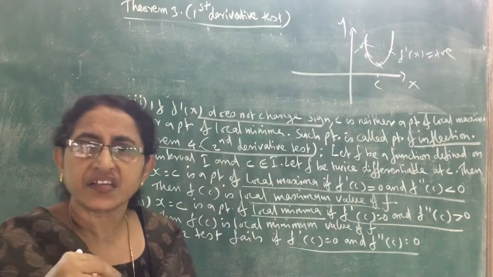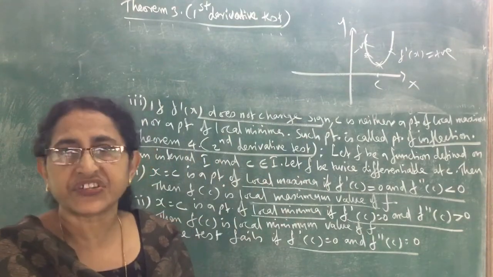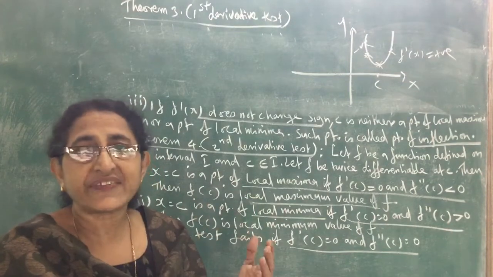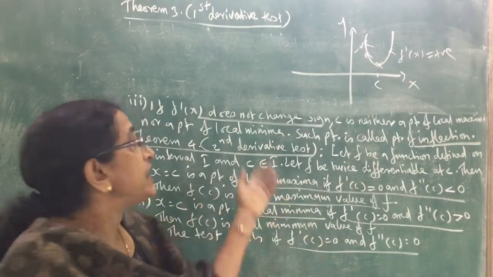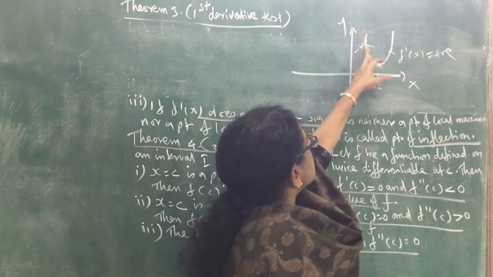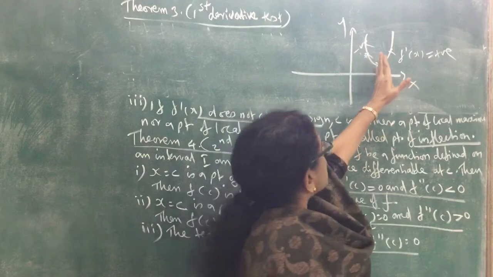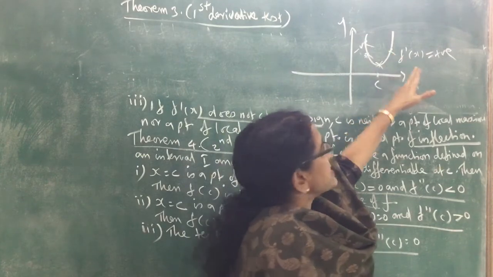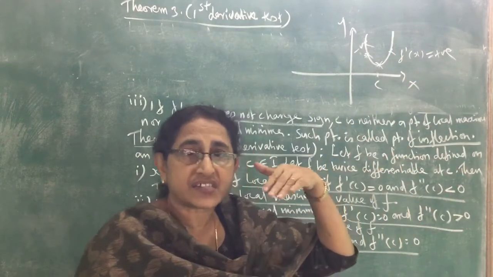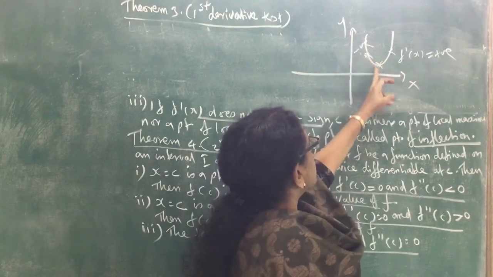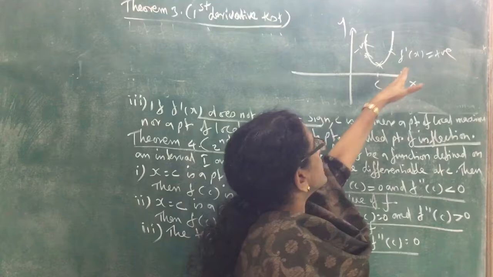When the function is increasing, f dash x is positive, greater than 0. When the function is decreasing, the derivative is less than 0, that is negative. So before the point the function is decreasing, after the point the function is increasing.